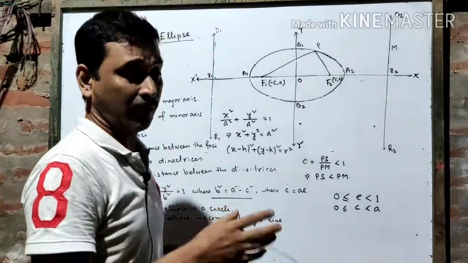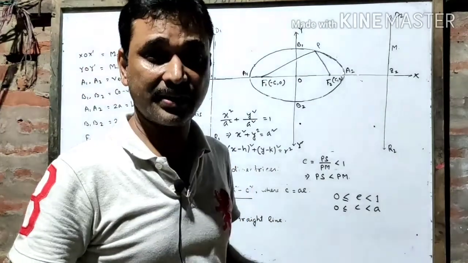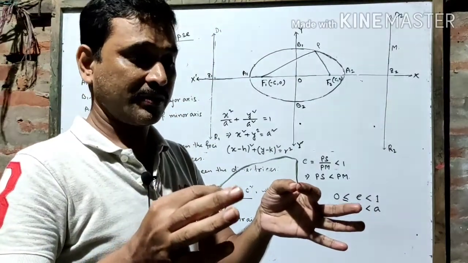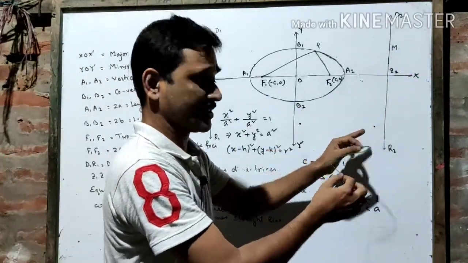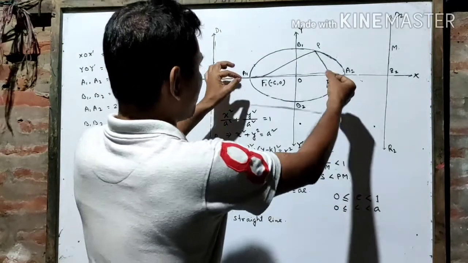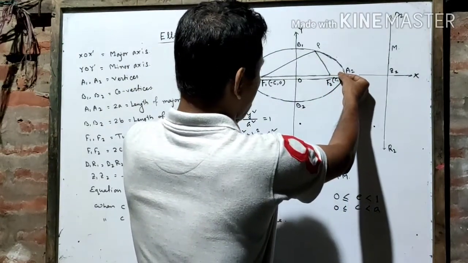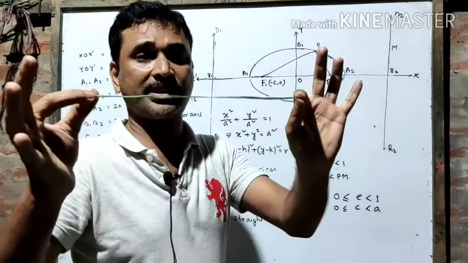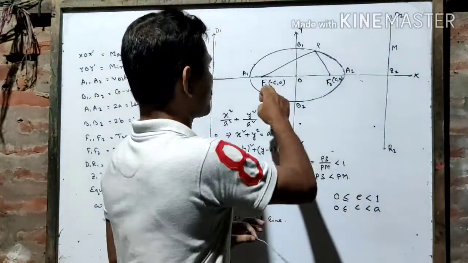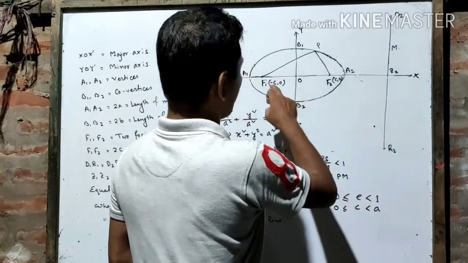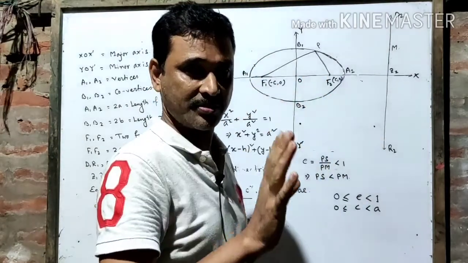Now let us try to understand this length of the thread and these two nails. The length of the thread should be equal to the length of the major axis of the ellipse. The length of the thread becomes the length of the major axis of the ellipse, and these two nails become the two foci of the ellipse.